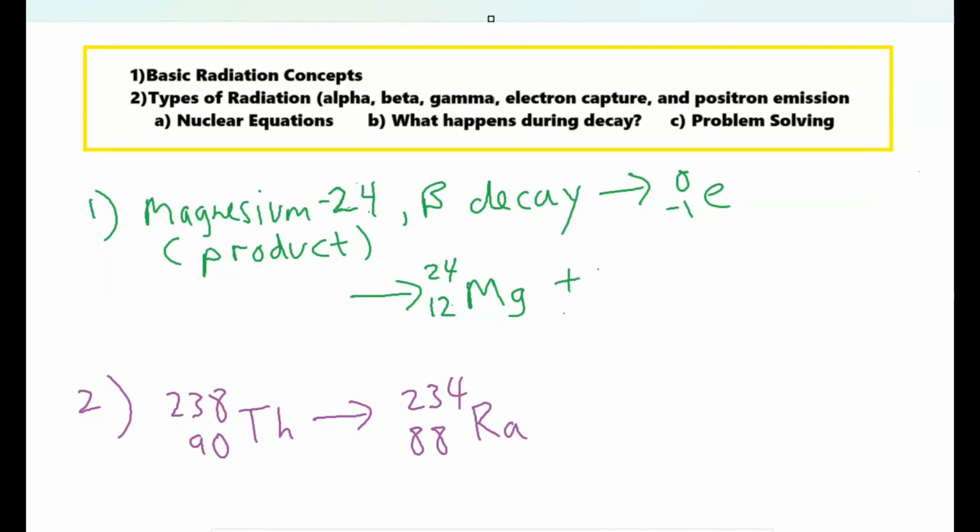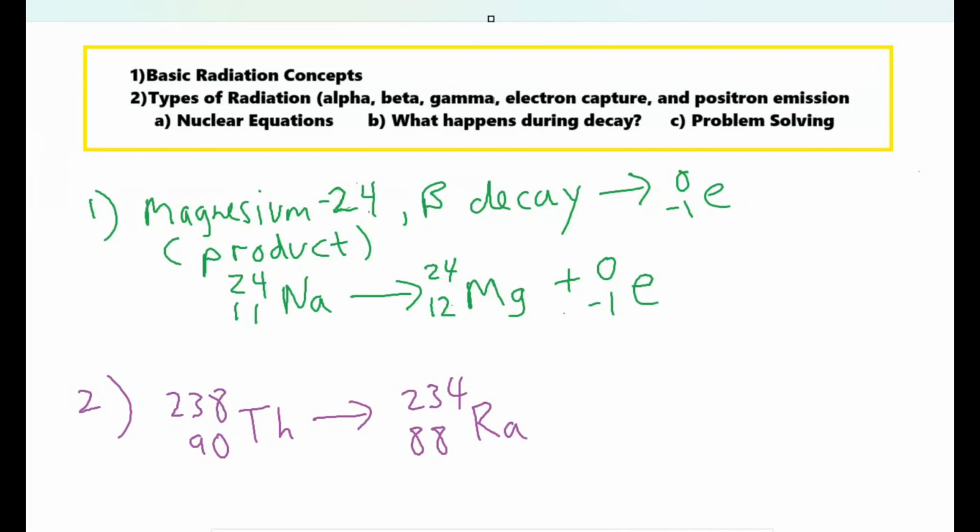So we know for sure we're going to have the beta particle on this side is 0, -1, E. And then we just have to do a little bit of math. This one is pretty simple. 0 plus 24 on the right side, which makes it 24 on the left side. And then -1 plus 12 on the right side, which gives us 11. And then the last step we're going to do is find number 11 on the periodic table. And then that is going to give us Na, sodium.